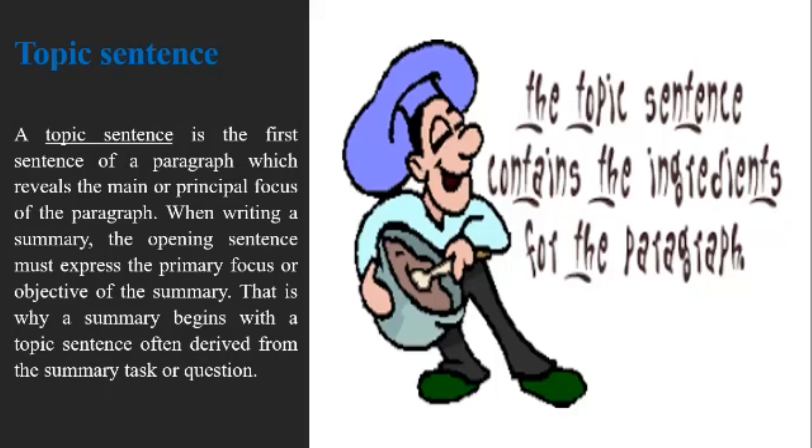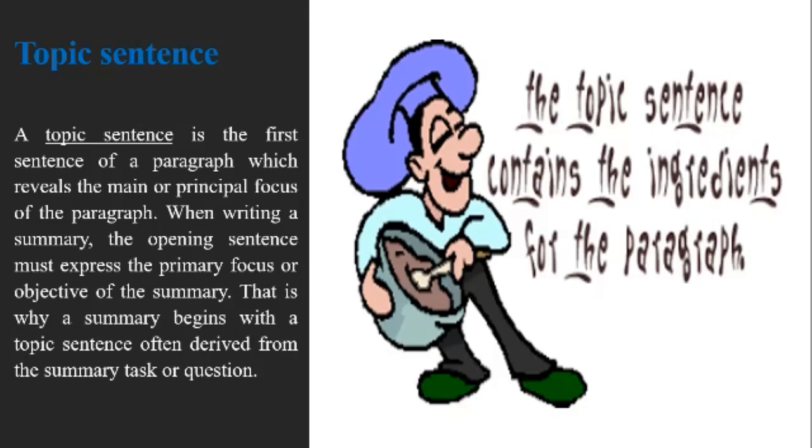You should note that in the IGCSE, your summary is expected to be written in just one paragraph. Always ensure that you don't exceed one paragraph in your summary, and you're writing in 120 words of your own.